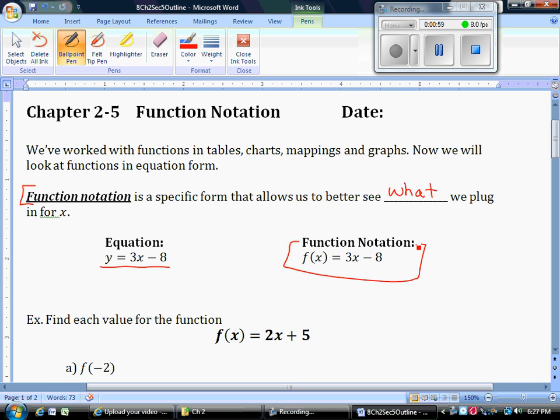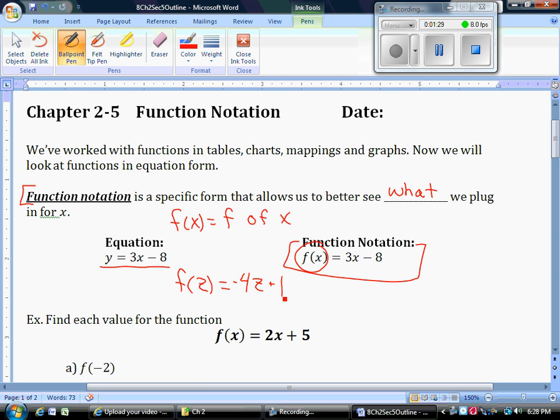That f parentheses x, the way that we read that is f of x. That means we have a function that involves x. 3x minus 8. If I did f of z, it would be a function involving z, something like negative 4z plus 1.